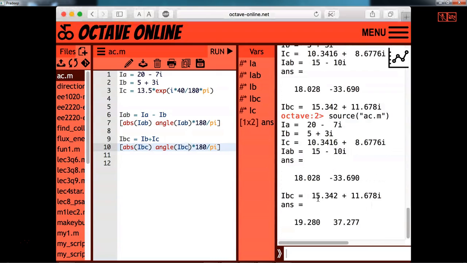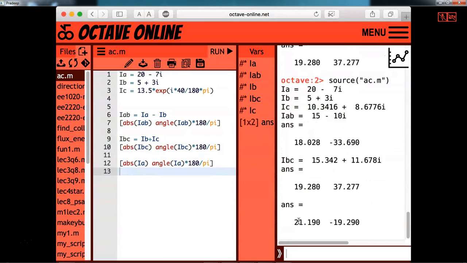So again, I just copy this and here I'll use IA. So IA is 21.2, angle is minus 19.3. So I'm getting IA like that. Let me record this answer.